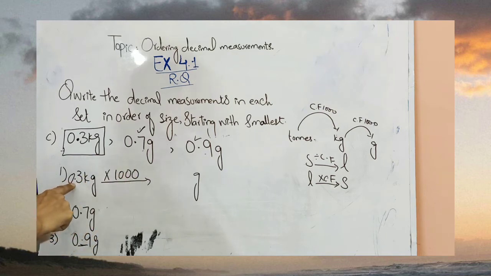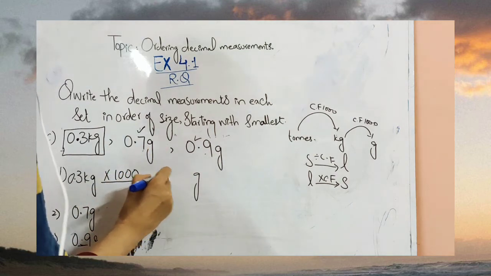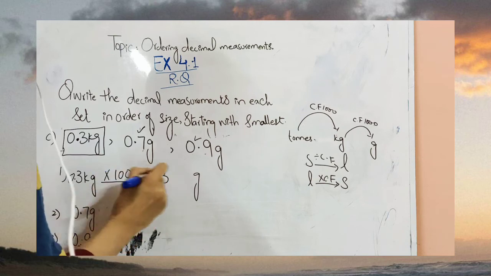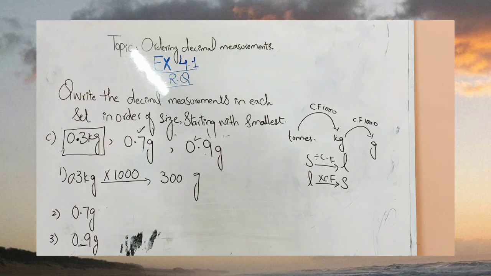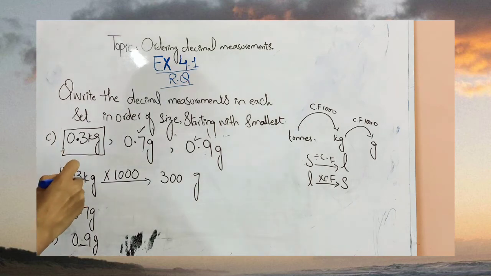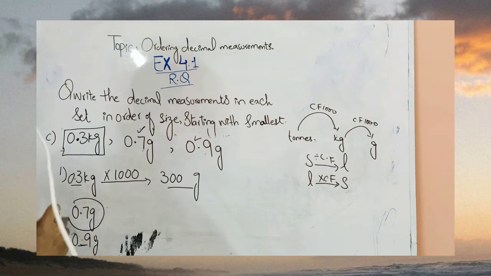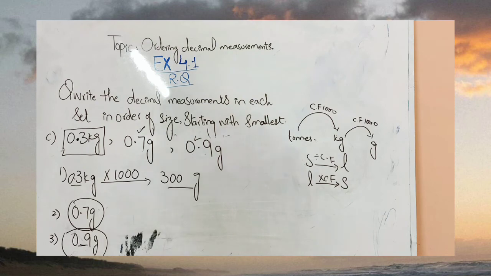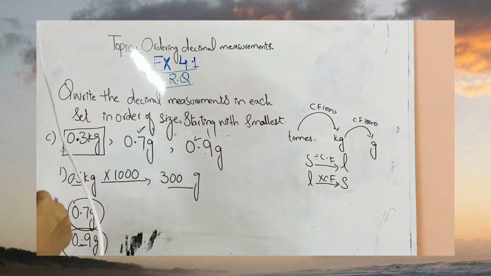Now we have the decimal here. When we multiply, our decimal will move towards the right side. So this is 300 gram, right? We converted the value from kg to gram, and the rest of the values are already in grams. Now you have to see which one is the smallest value, because we have to order from smallest to largest.